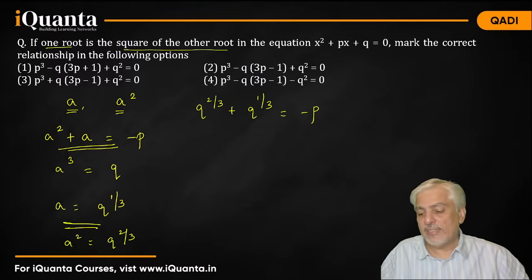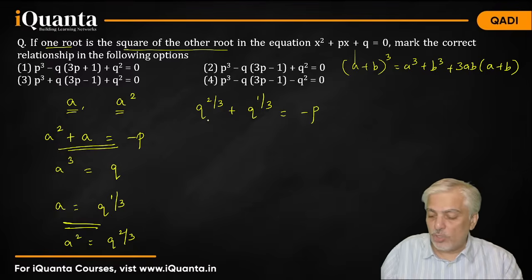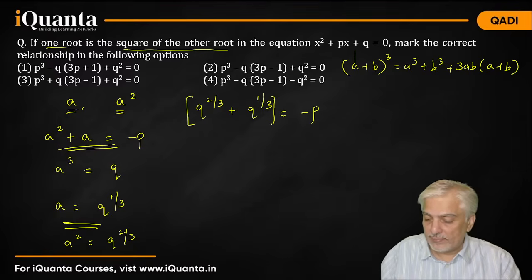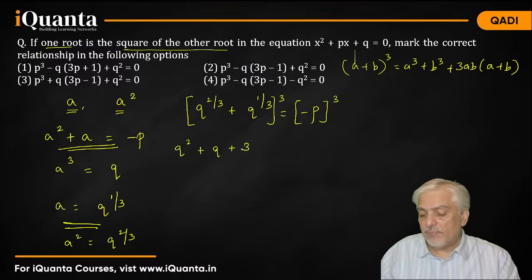Take cubes on both sides. Take cubes very carefully. Don't forget the formula for cube. What is the formula for a plus b the whole cube? It's a cube plus b cube plus 3ab into a plus b. Okay, so if I take cubes on both sides, a cube will become q square, b cube will become q, 3ab. Now pay attention to ab.